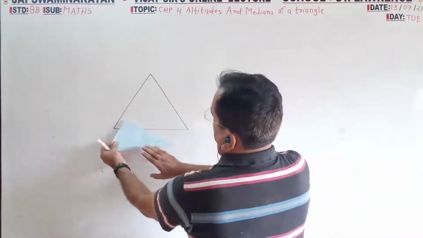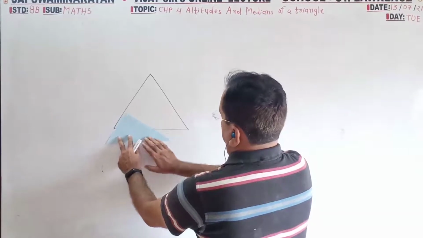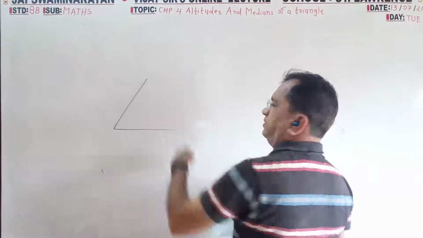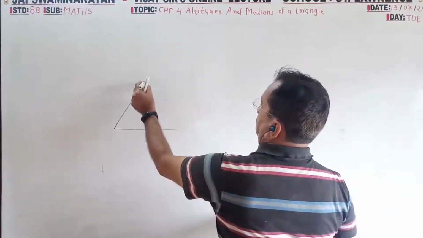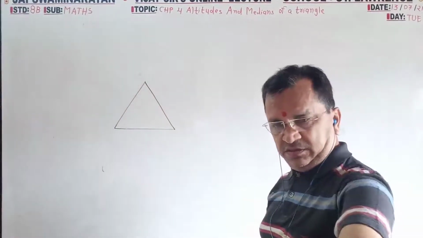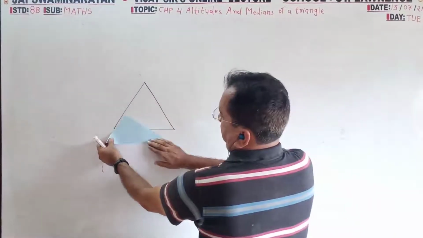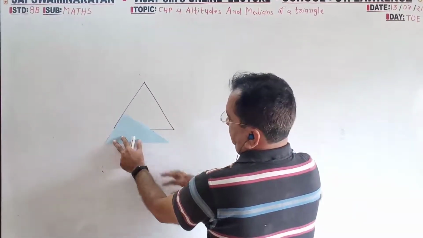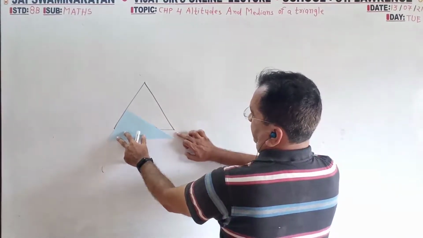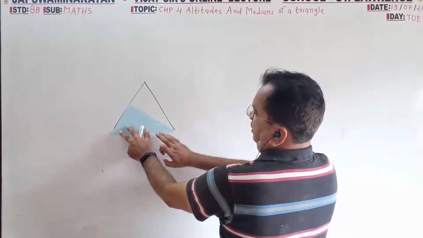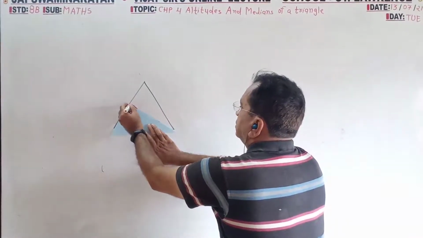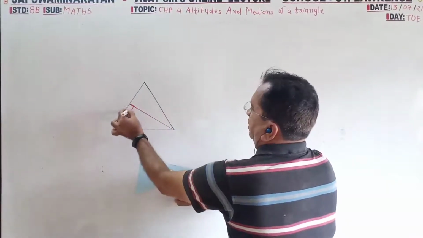So this 90 degree I'll set here on the line. Then I will move this side and this side by moving. See the point, this point will touch. Now there I will draw the line. So this is perpendicular.